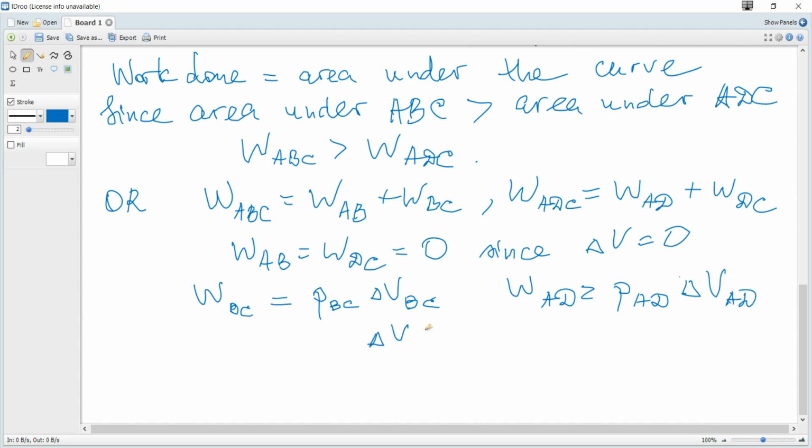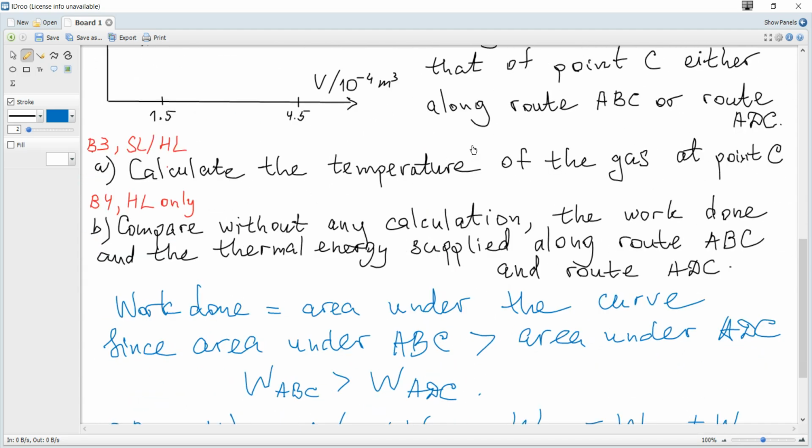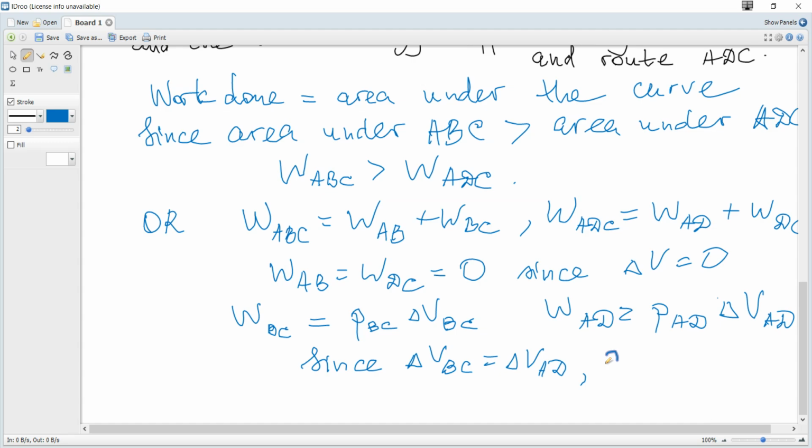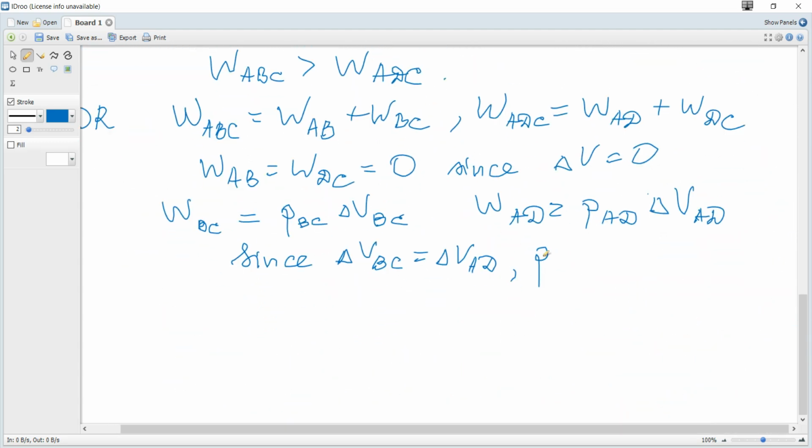From the graph, delta V for BC is equal to delta V for AD, but pressure for BC is greater than pressure for AD, hence work for ABC is greater than work for ADC.